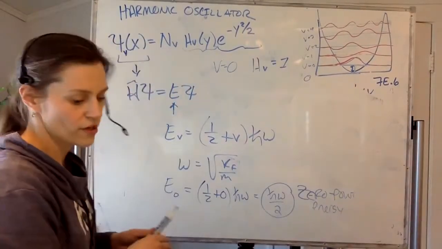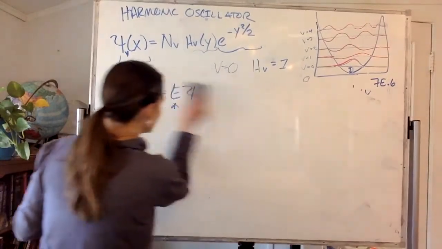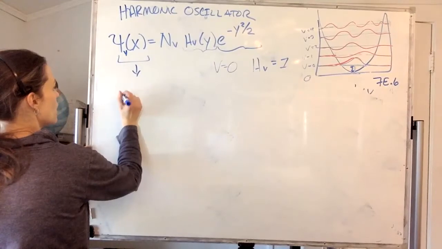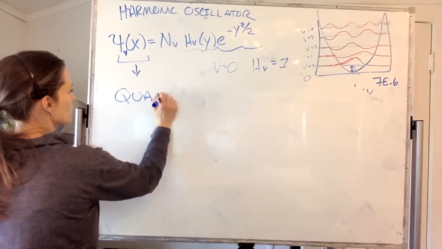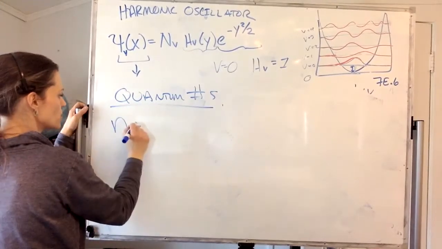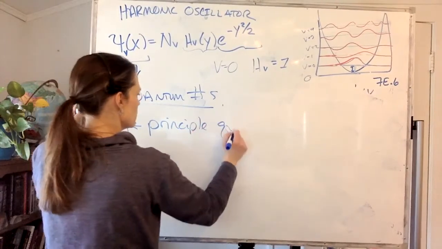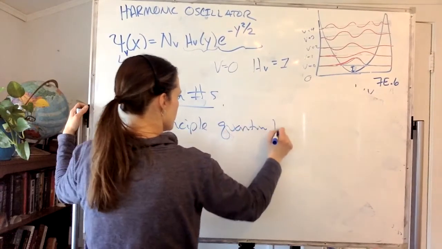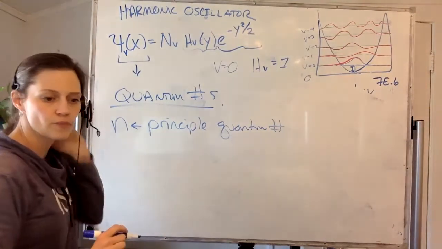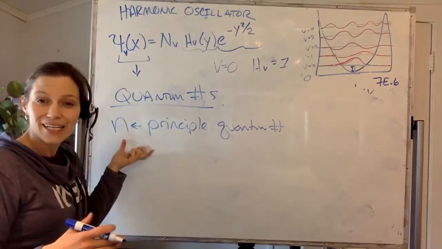Oh, wait, no, one more thing. We're going to have a running list of the quantum numbers that we've gotten so far. So we've got the principal quantum number N. And this deals with energy states of, well, you've seen N kind of before.